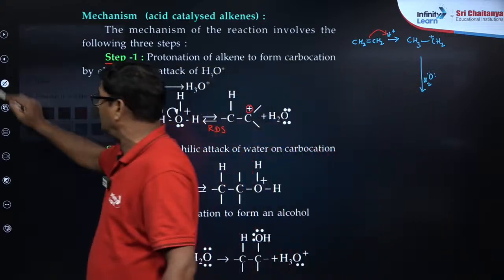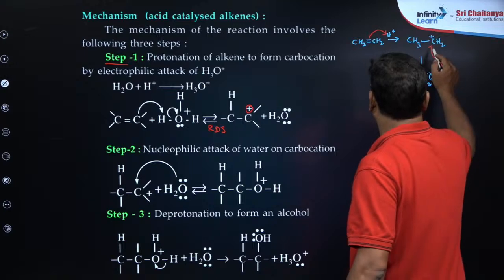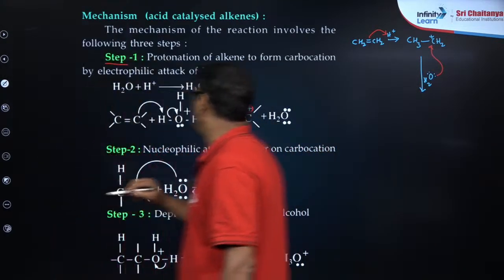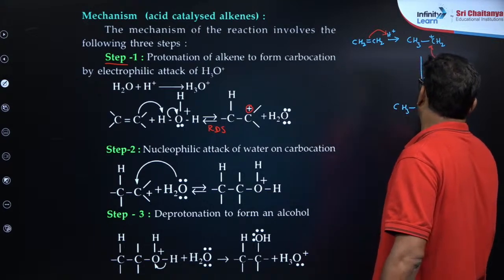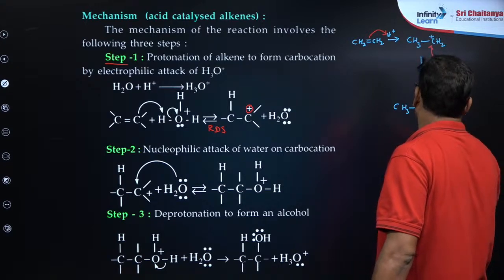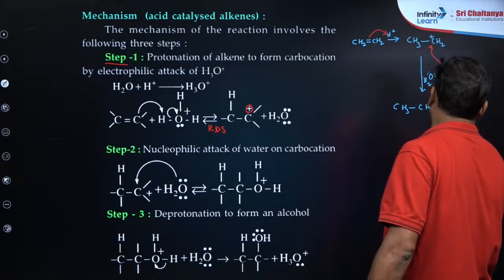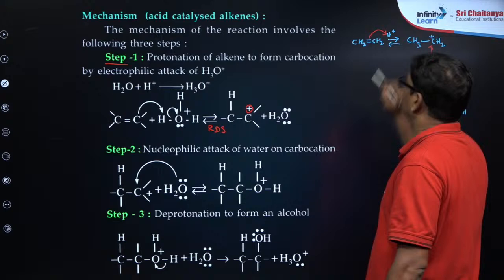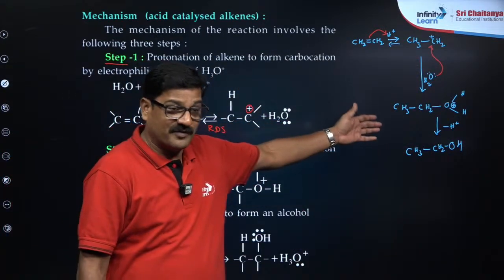The lone pair of electrons on the oxygen attacks the carbocation, so you get the protonated alcohol, CH3CH2OH and H+. After losing a proton, it gives us CH3CH2OH. So you can follow the simplified mechanism.